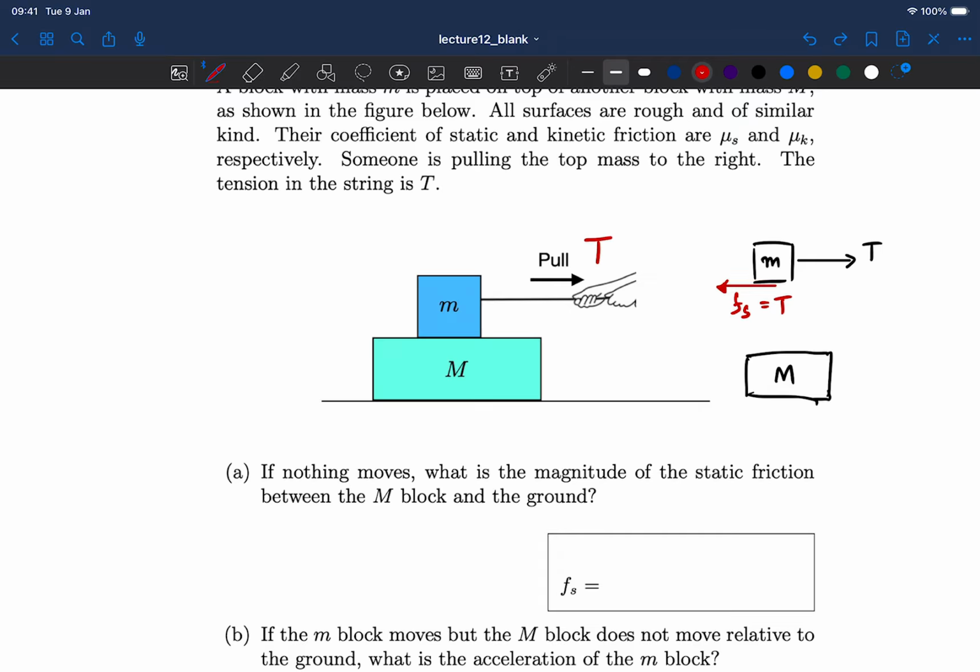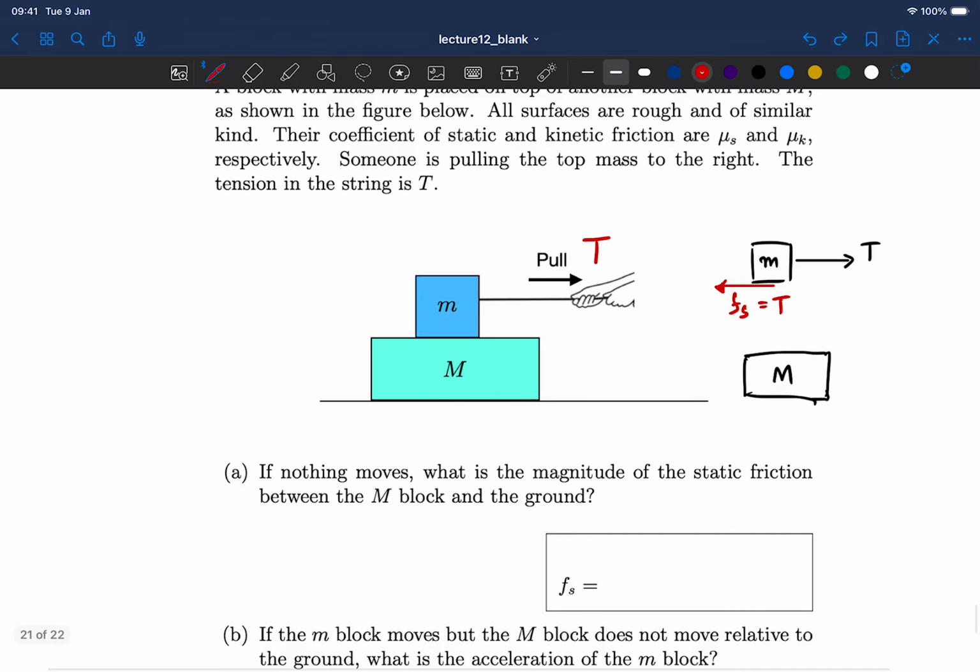So that means you're going to have a reaction force that small m is acting on big M. And it's going to be in the opposite direction. So you're going to have this friction Fs also equal to T from small m that is trying to pull the big mass to the right.